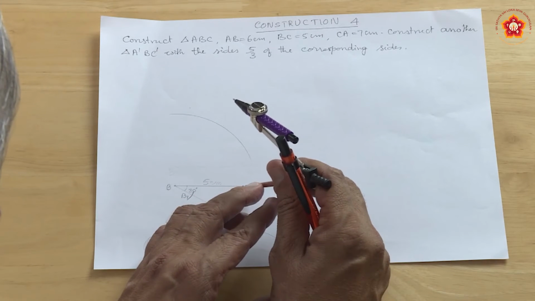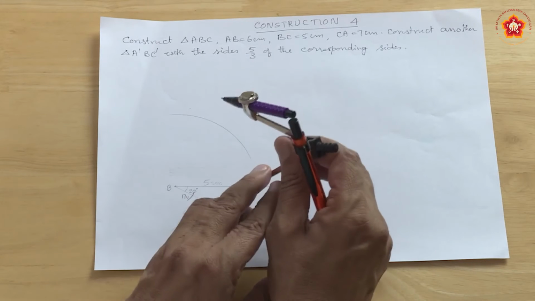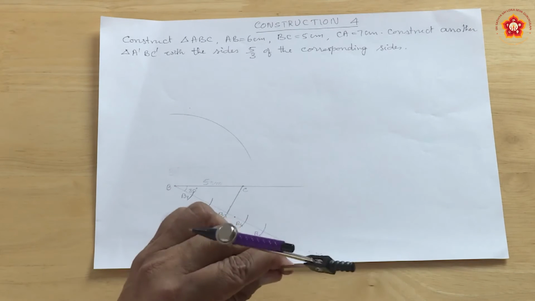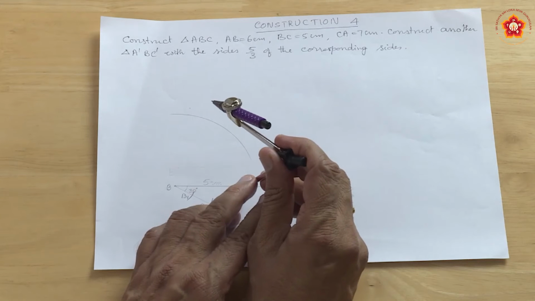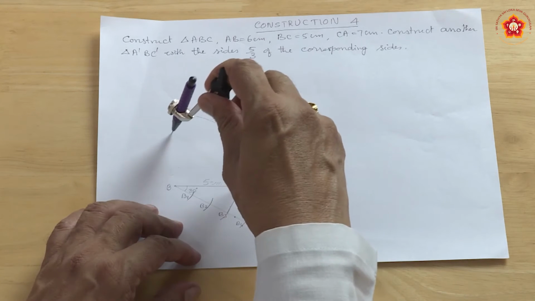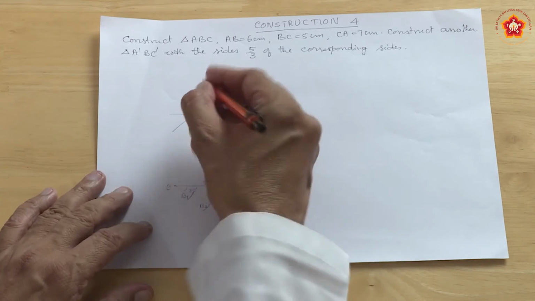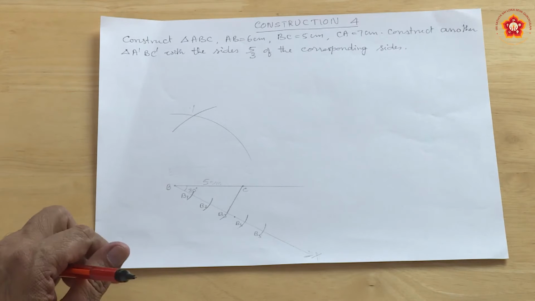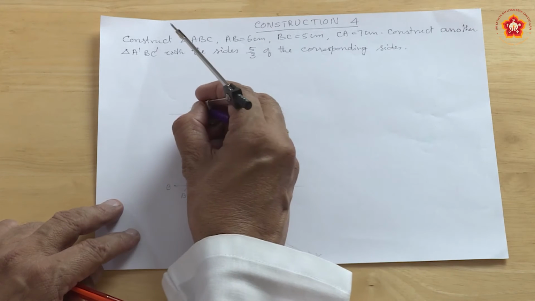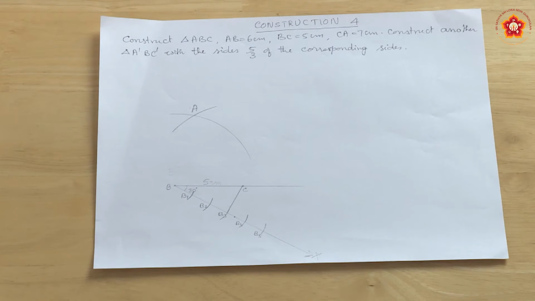So cut the previous arc, and these two arcs should meet at a point A. Now join AB and AC. You get a beautiful triangle called ABC.